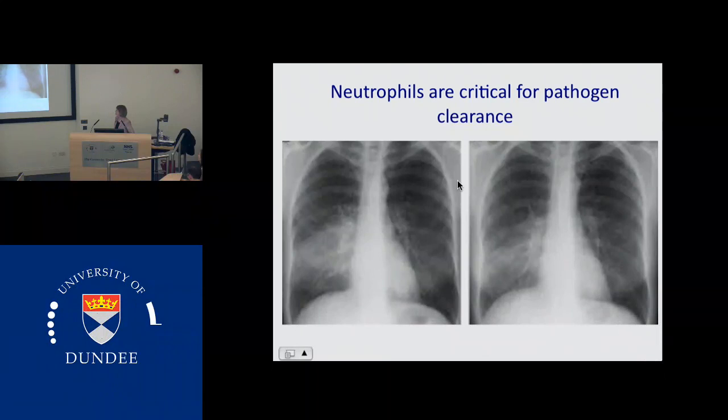If you re-X-ray the same patient only a few weeks later, the bugs have gone and the neutrophils have gone. So neutrophils have very effectively dealt with that infection. And we know that even before the advent of antibiotics, people, generally speaking, could survive pneumonia.